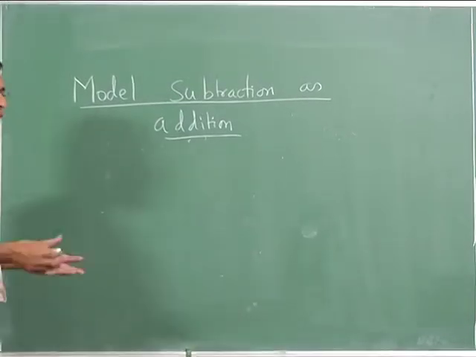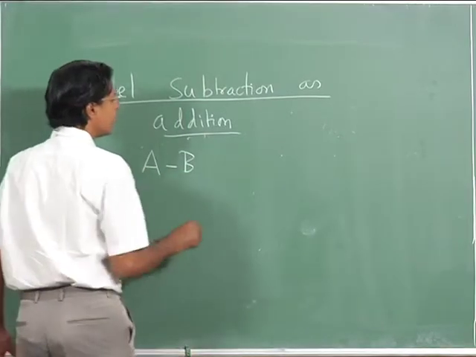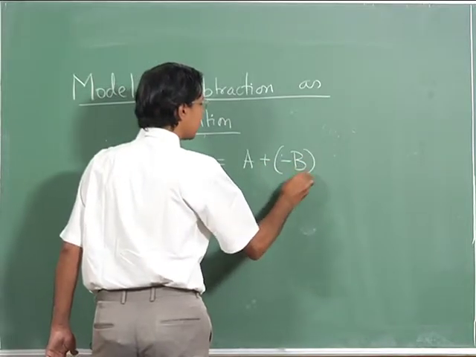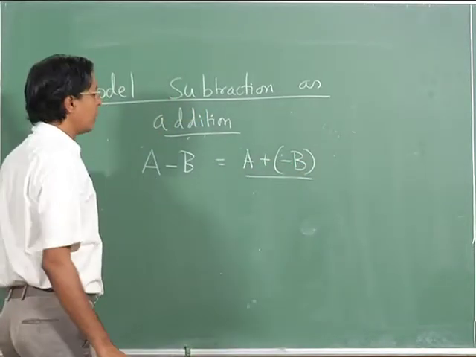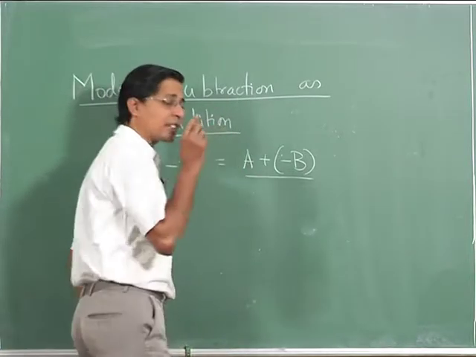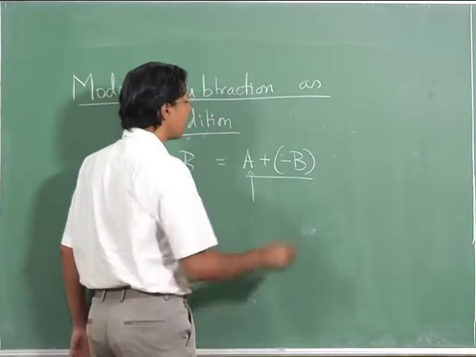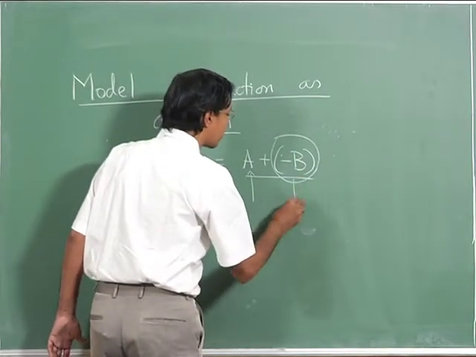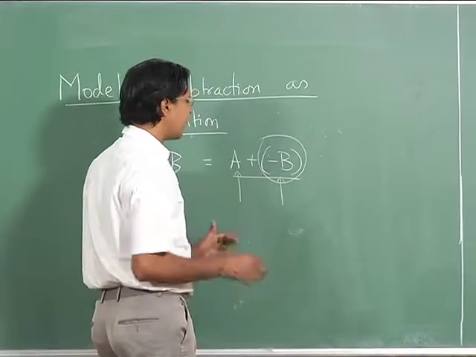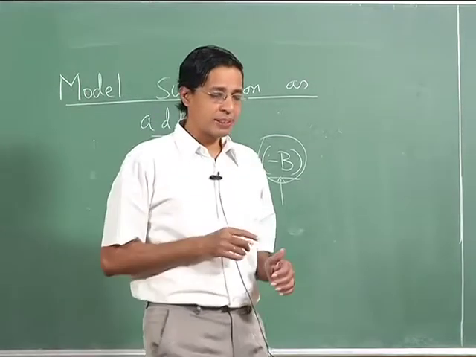Now how do we do that? There is a very simple intuition for this. Suppose I want to do A minus B, this should become A plus some minus B. As far as the hardware adder is concerned, it will assume that A is an unsigned number and this minus B is another unsigned number, it will just do addition and give us a result, and we have to reinterpret it and find out what the answer is.